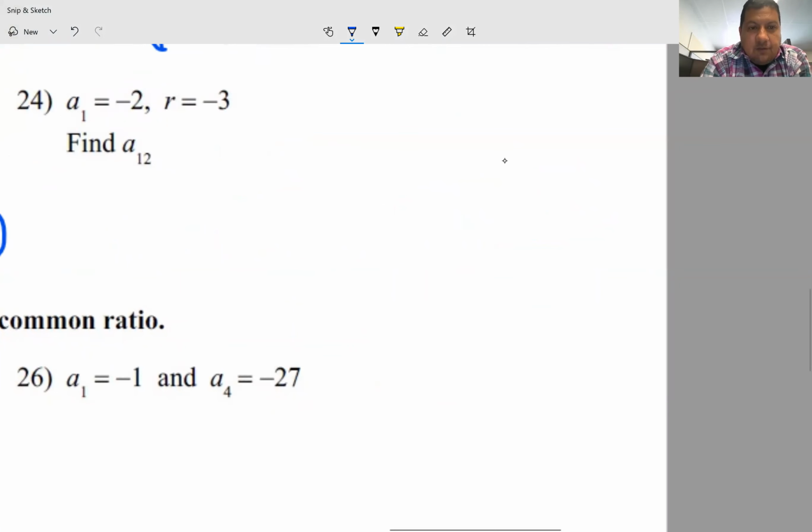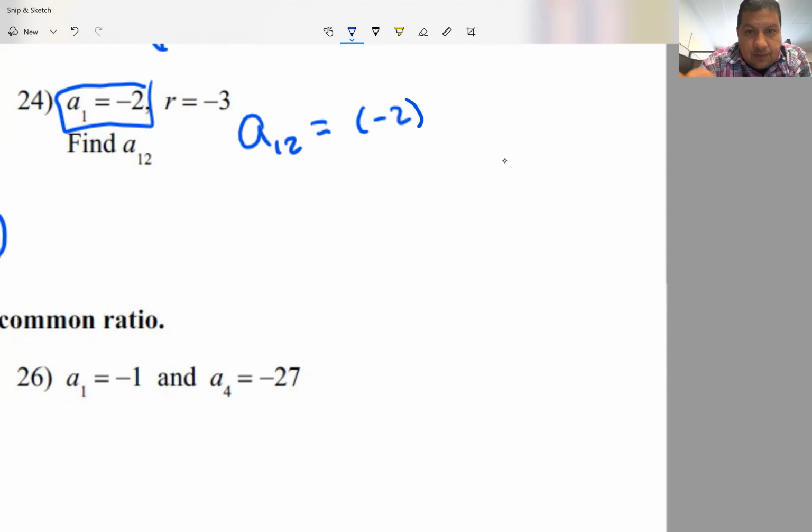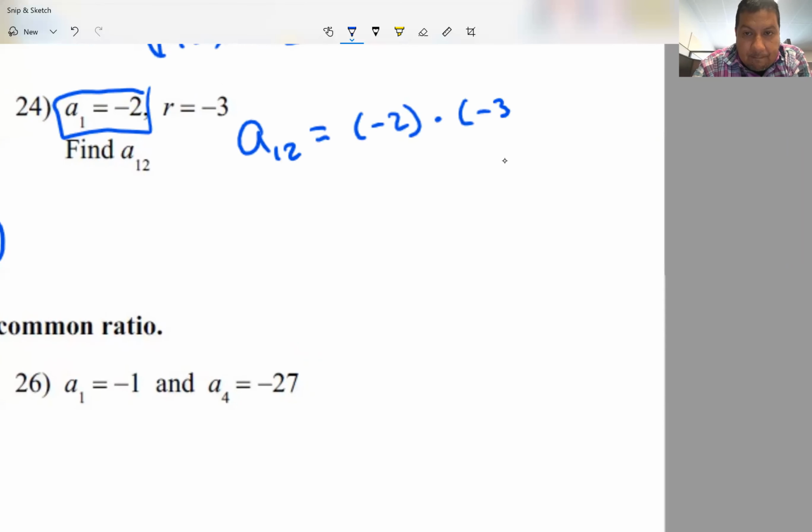Let me do one more example. Now here I'm finding the 12th number on the list. I'm going to start with the number given. I gave you a number from the list; it's not always the first number. In this case, a -2. You have to multiply that number by the ratio many times. The ratio is -3.